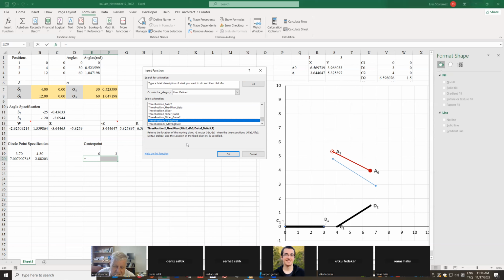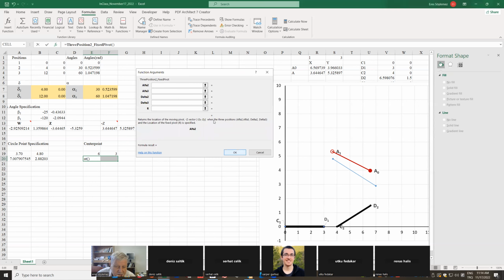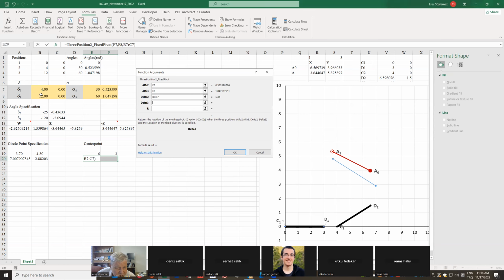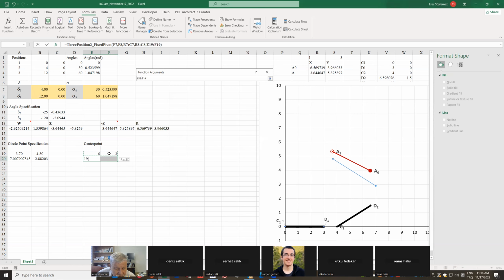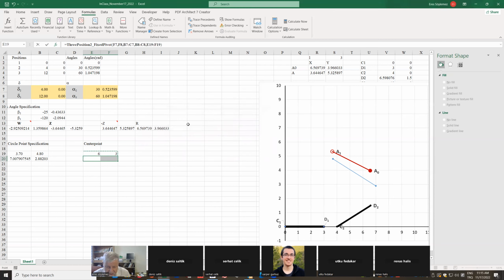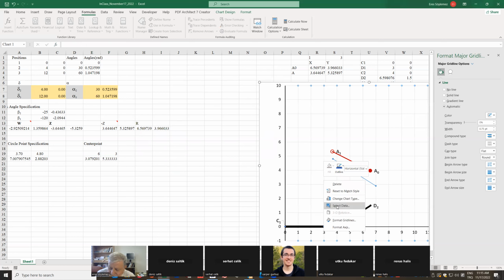Is that agreed? So, alpha 2, alpha 3, delta 2, delta 3, R. That's it. Control Shift, Enter. Let me show that as well.